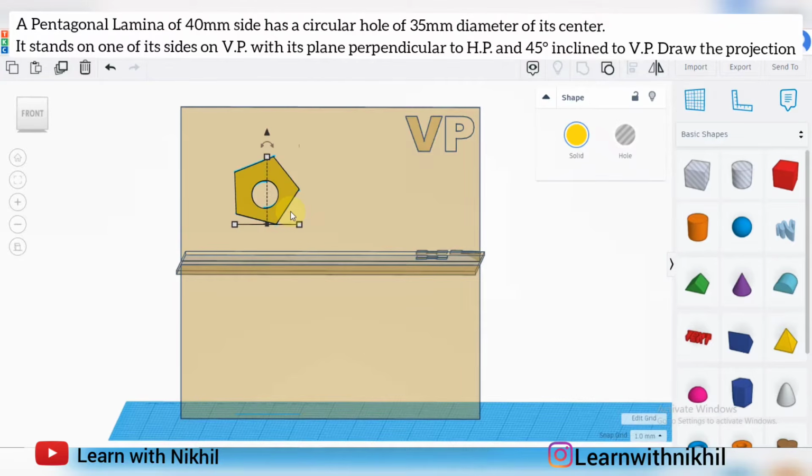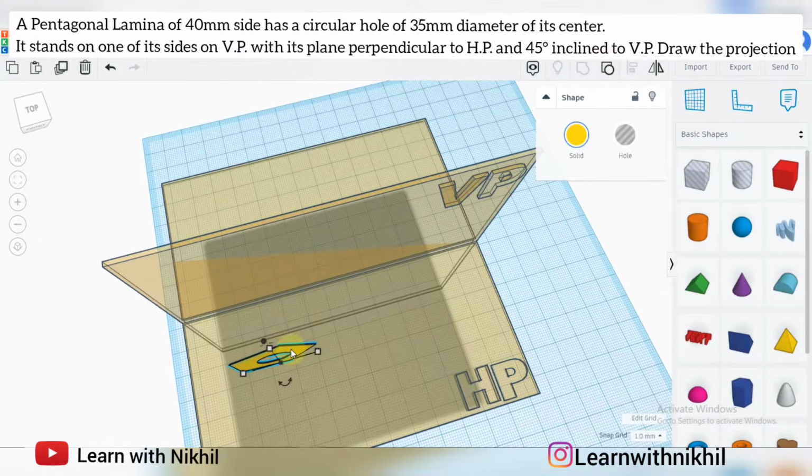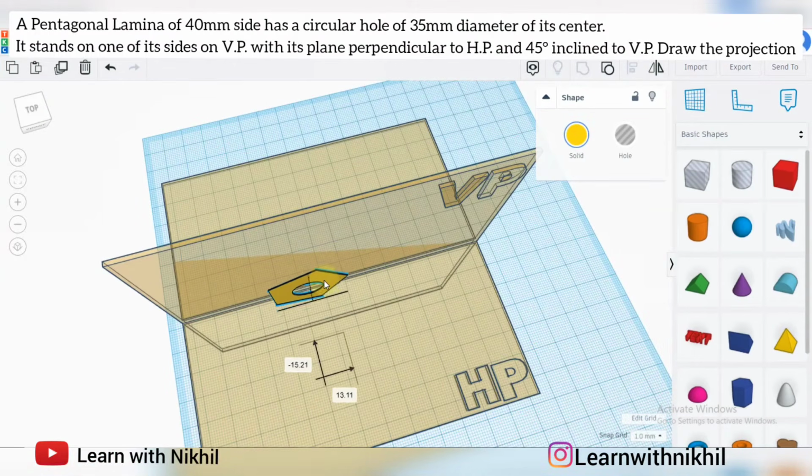Now moving forward, the question says that it is inclined at an angle of 45 degree to VP. So now I'll incline this at an angle of 45 degree to VP.